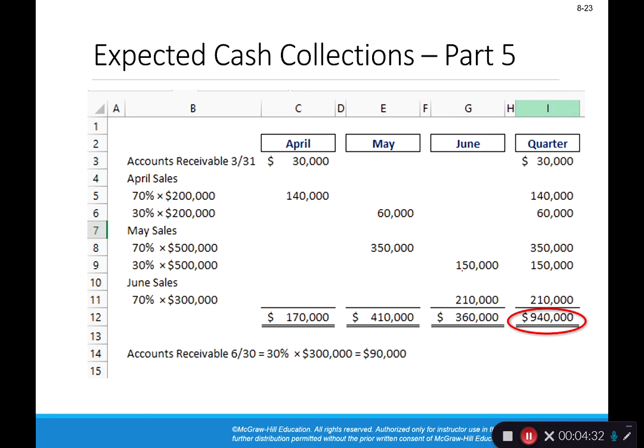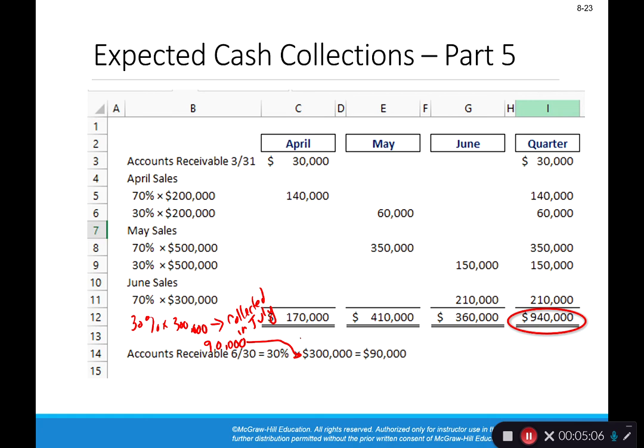Well, the 30% of June sales, so 30% times 300,000, will be collected in July, which means 30% times 300,000, or 90,000, is the accounts receivable balance at the end of the quarter. Remember, cash collections is what we do collect. Receivables is what has not been collected.